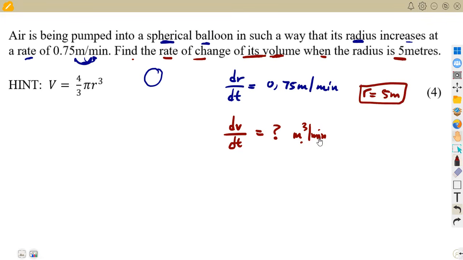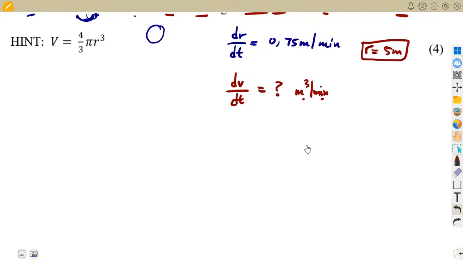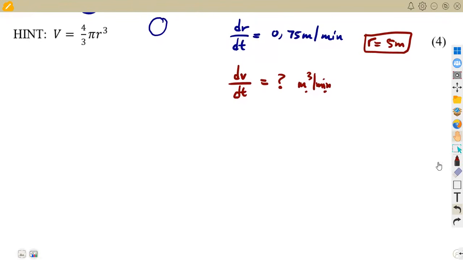We are back to the same particular question that we had before. With this information that we are given here, remember what I said. You have to find dV/dt from the expression of a radius. So which formula is best to use? It must be the volume with respect to the radius, because we are dealing with the radius.